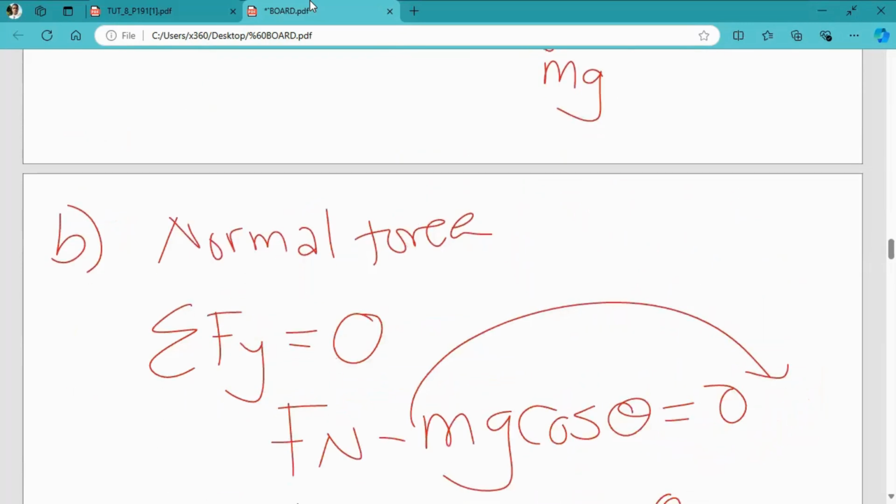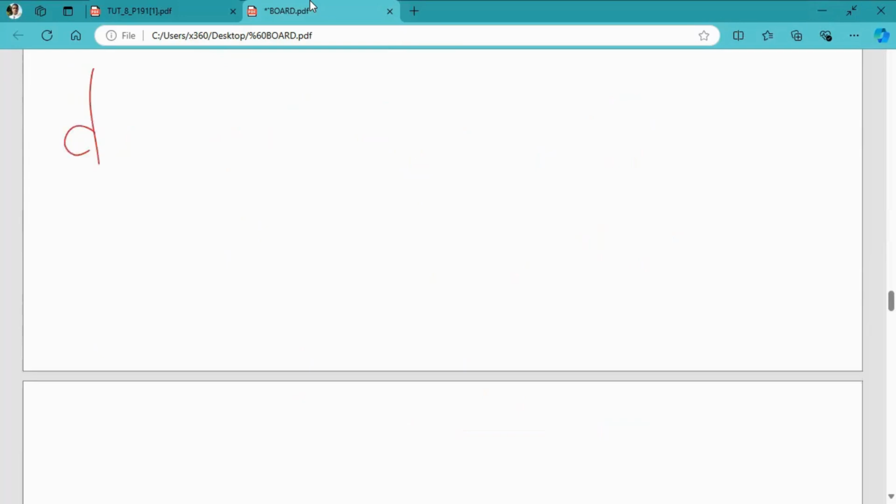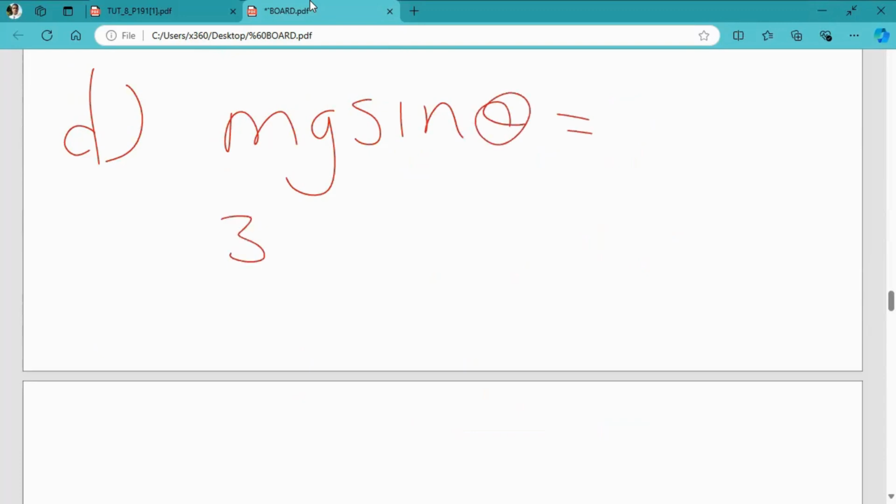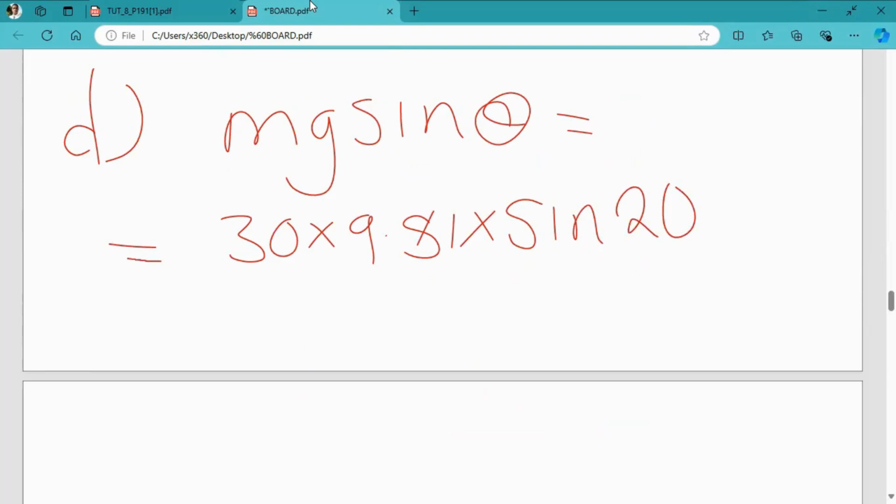So let's find the value of mg sine theta first. So mg sine theta will be equal to what? The mass of the object is 30 multiplied by 9.81 multiplied by sine 20 degrees. Like that.